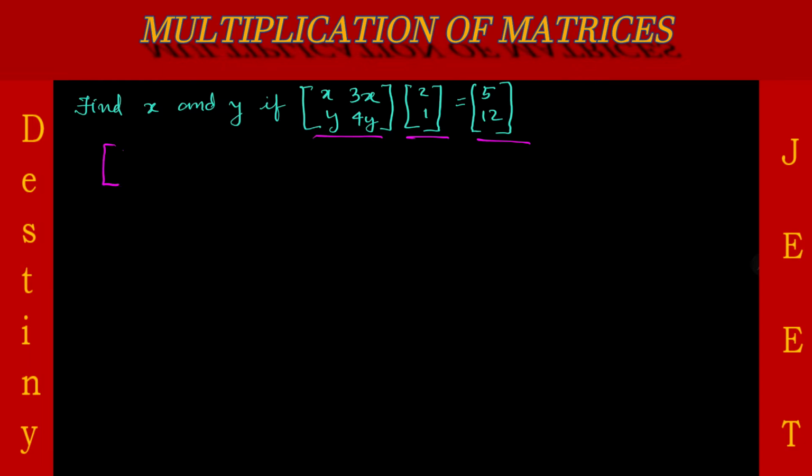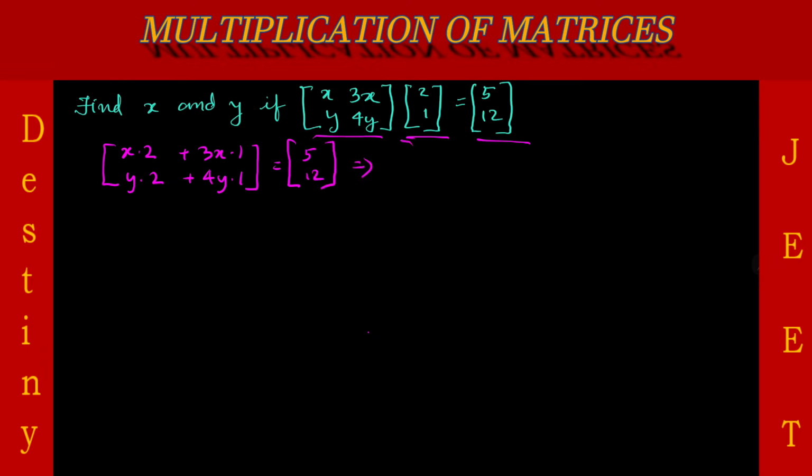What we get? x into 2 plus 3x into 1, y into 2 plus 4y into 1 will be equal to 5, 12.